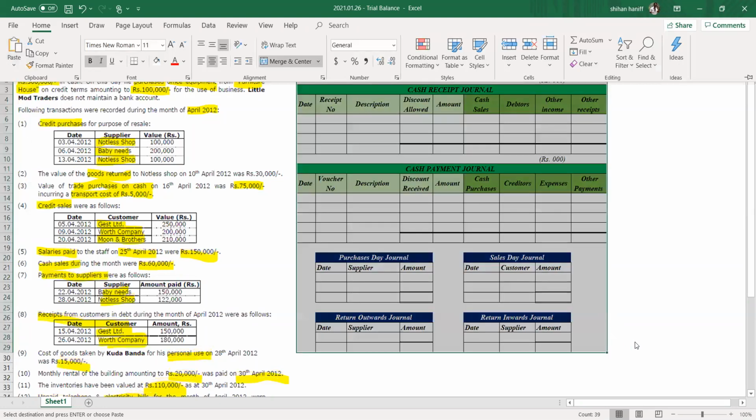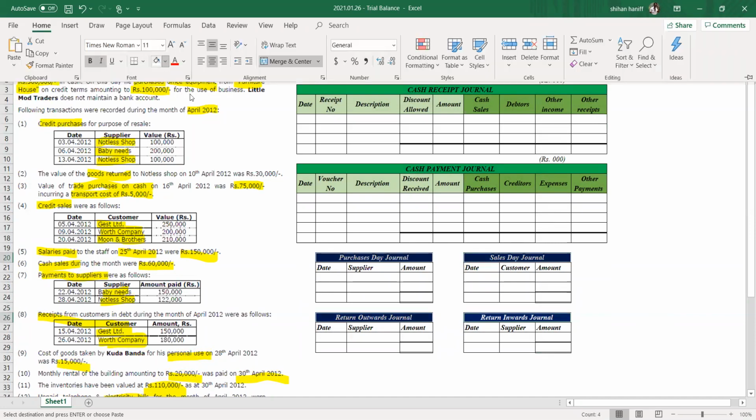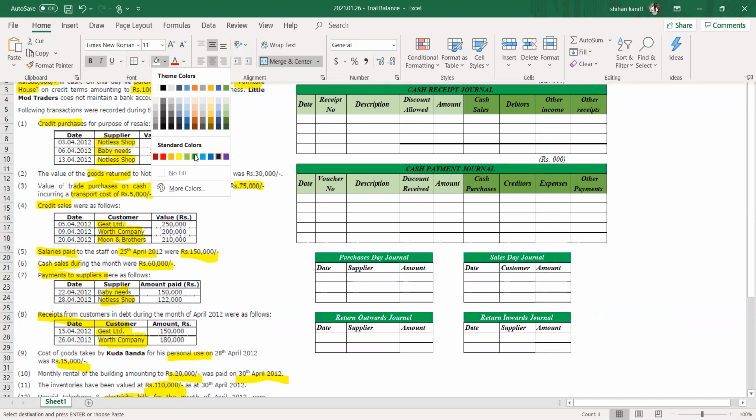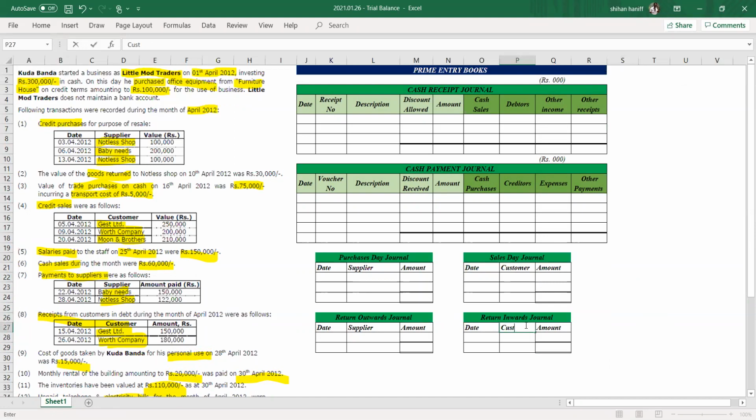So here's the format. Draw the formats for the prime entry books: cash receipt, cash payment, purchases, sales, return outwards, and return inwards. There is no return inward, but I took it as the format.